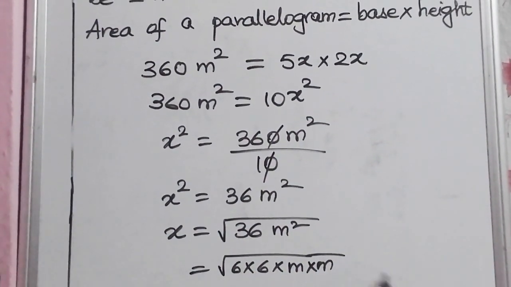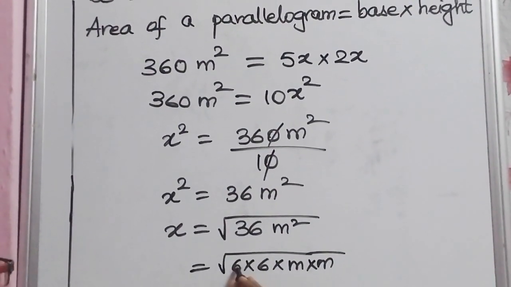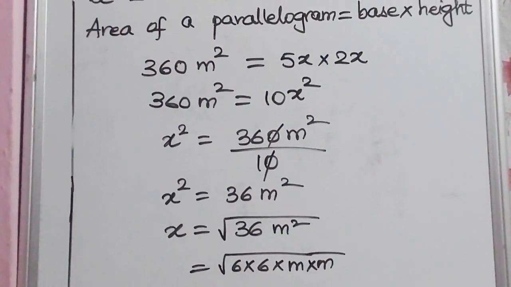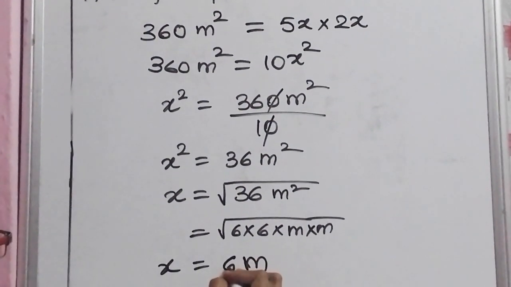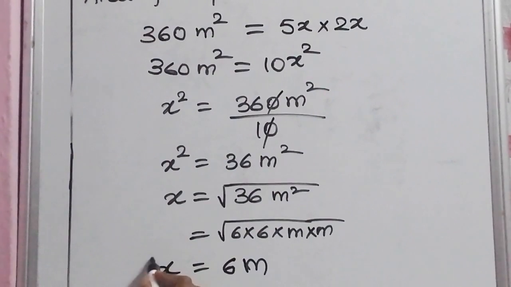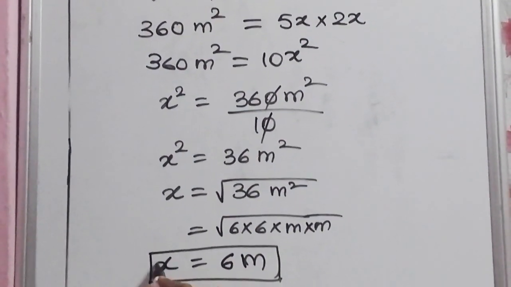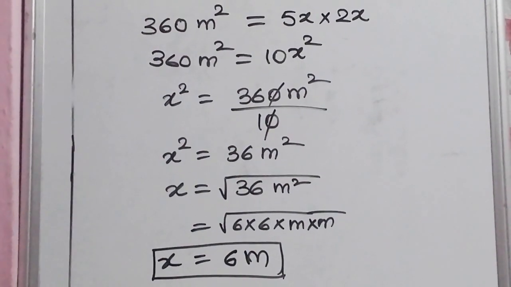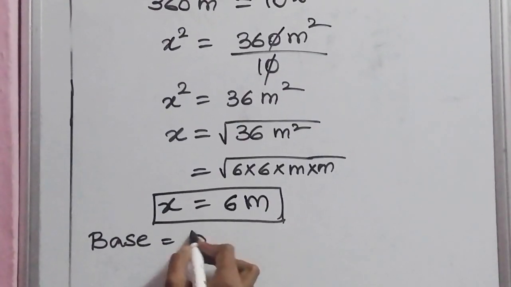I just expanded this so that you will understand in a better way. 2 6s are there, so 1 6 will come out, and 2 m's are there, so 1 m will come out. That is, x value you got as 6 meters. So now base is 5x.